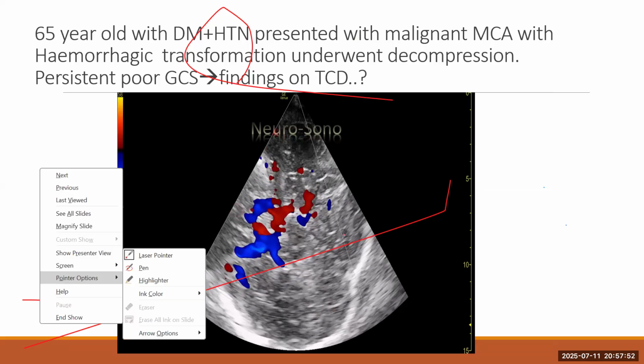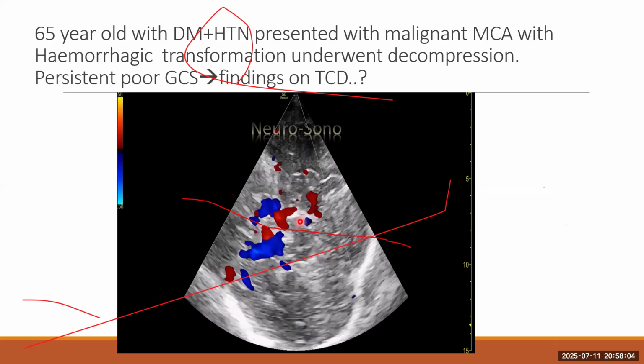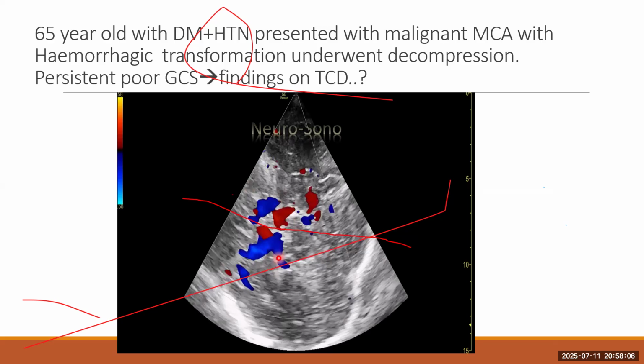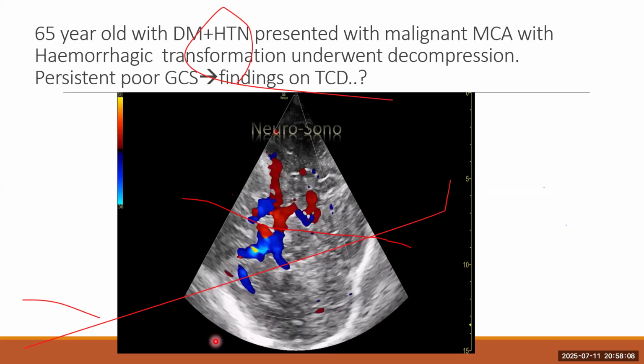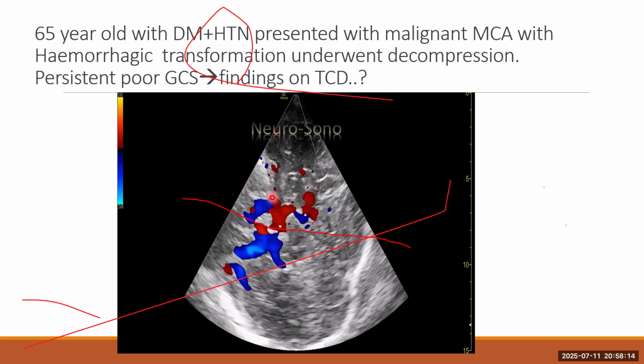If we take this as the midline, this is one half and this is another half. What can we appreciate here? Anyone else want to try? Midline shift, sir. Yeah, definitely midline shift is there.